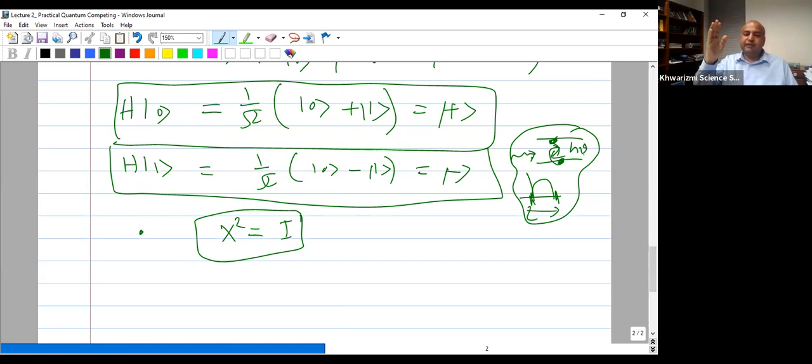So if I apply X again, I rotate a total of 360 degrees, which means I get back to the same state. Similarly, the Y gate, when applied twice, results in identity, because this is a rotation by 180 degrees around the Y-axis, so rotating twice by 360 degrees gives identity. Similarly, Z squared is 1.